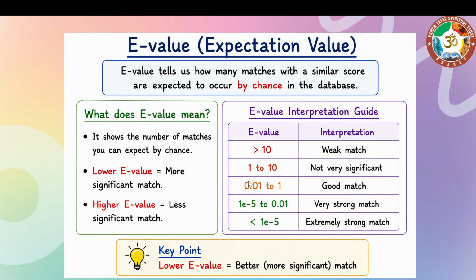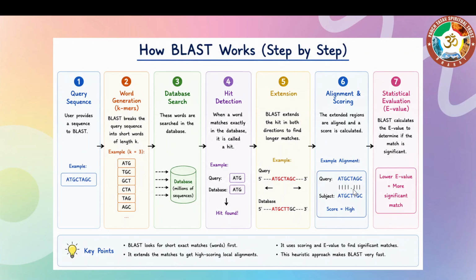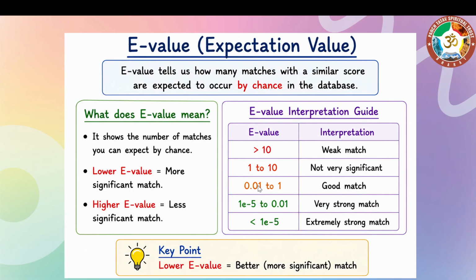So if the E value of this match is 0.01, that means such matches are expected by chance very rarely. Now, for example, the E value is this. What is the meaning of this? Here, 1e minus 50. It means 1 into 10 raised to power minus 50. That means we have 50 zeros before 1. So again this is a much smaller value.